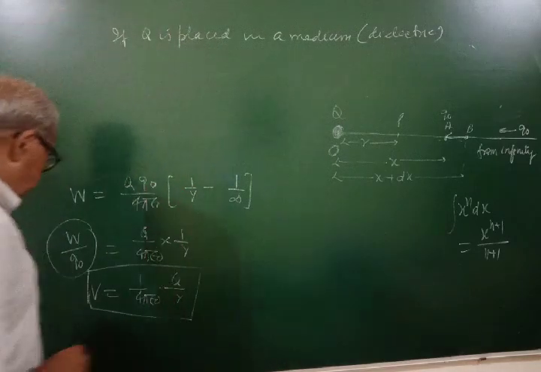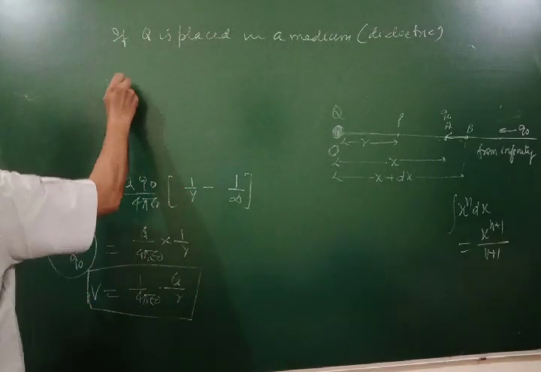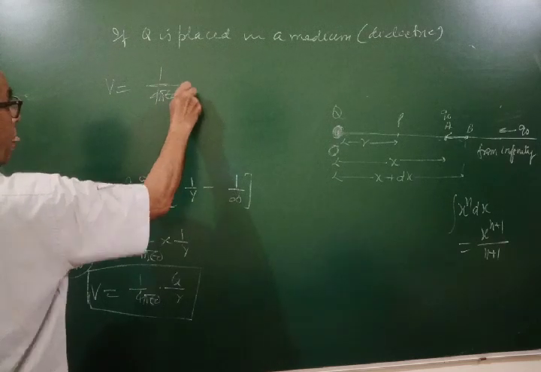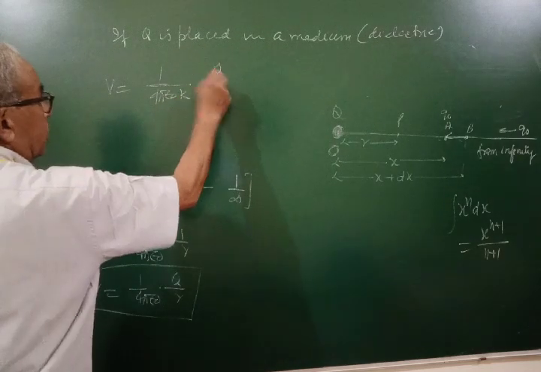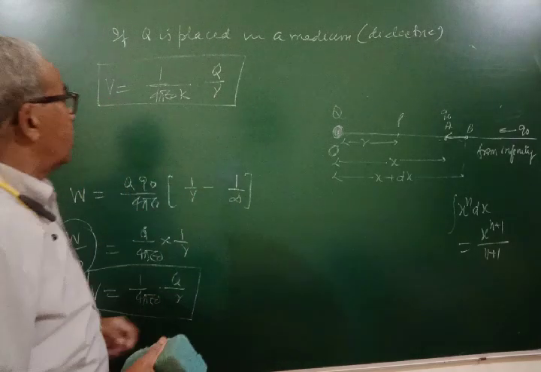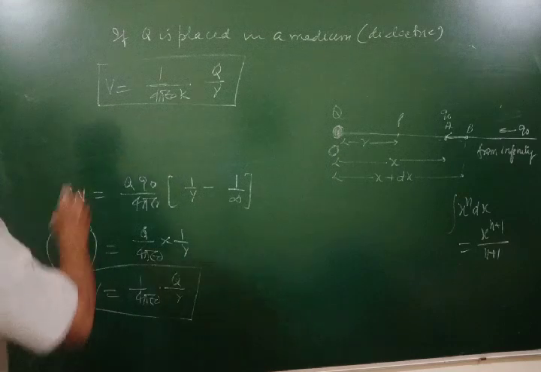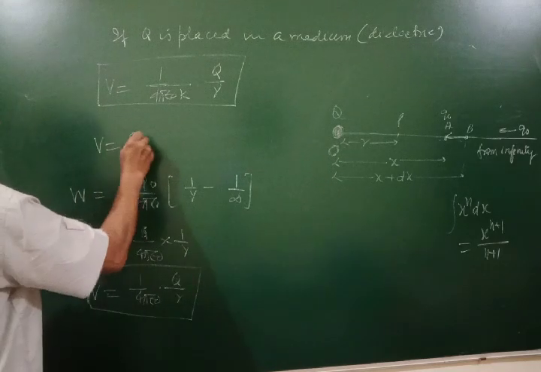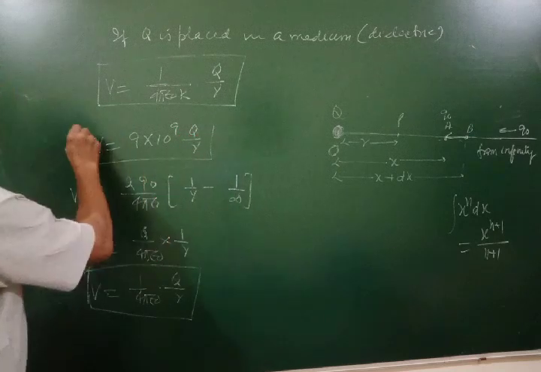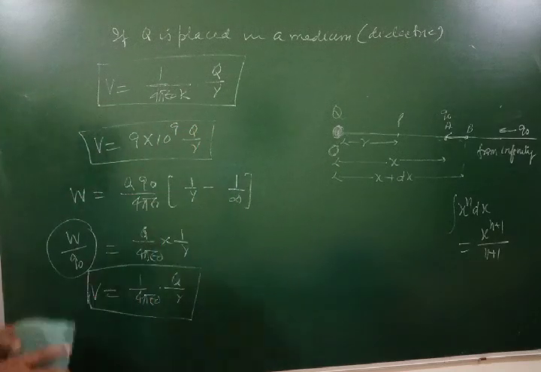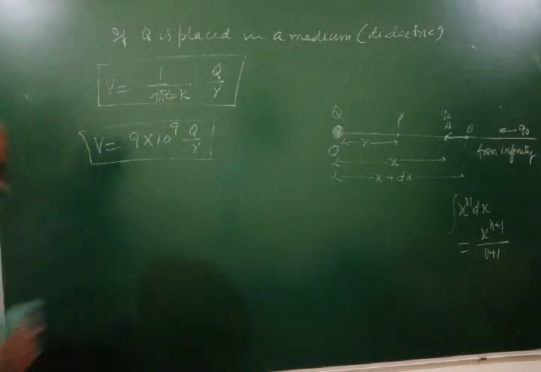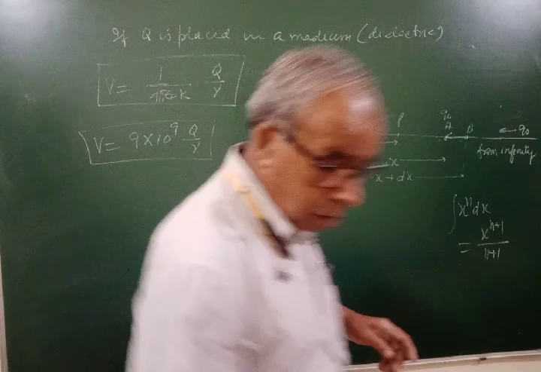Then V comes out to be 1 upon 4 pi epsilon 0 K Q upon R. If charge Q is in coulomb and R in meter, the constant is 9 into 10 to the power 9. In vacuum you can write 9 into 10 to the power 9 Q by R. So if Q is in coulomb and R in meter, then potential will be in volt. So this is the potential due to point charge Q at distance R.